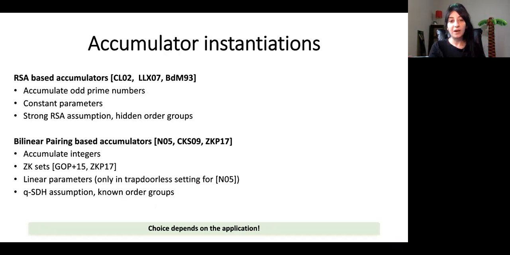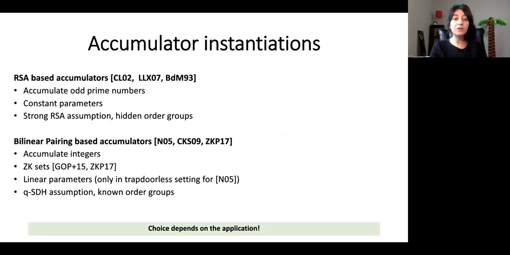Here we give a comparison of the most well-known instantiations. We exclude Merkle trees because we said we care about constant witness size. So we have the RSA-based accumulators that are defined over hidden order groups and accumulate prime numbers, as opposed to bilinear pairing-based accumulators that are defined on known order groups and accumulate integers.